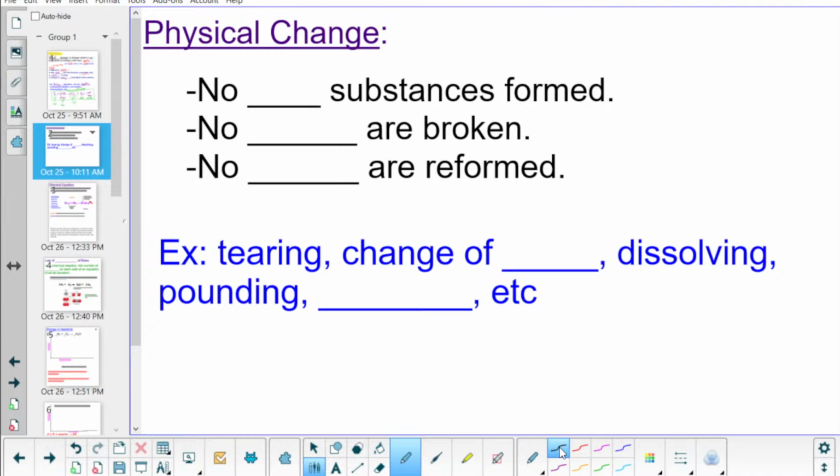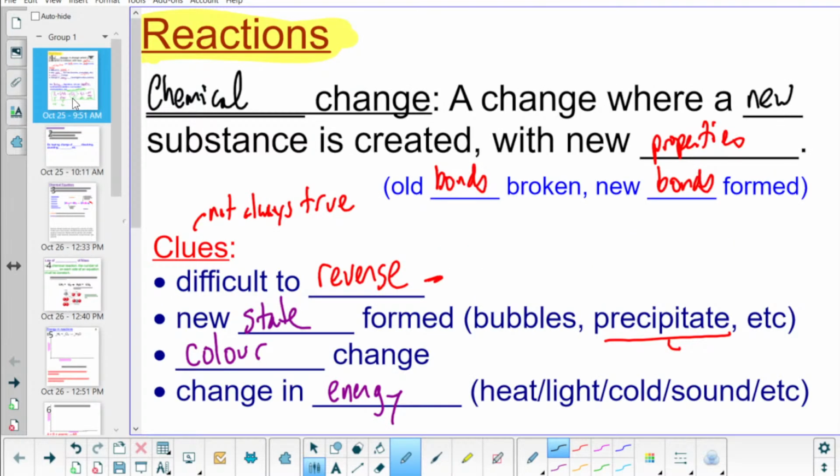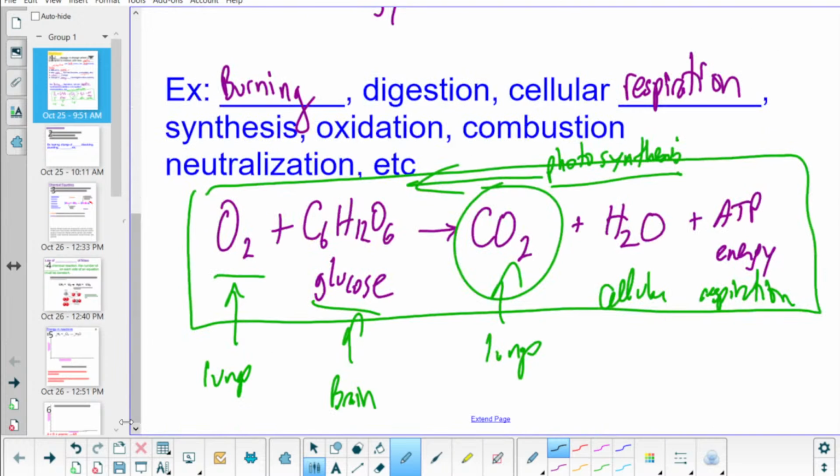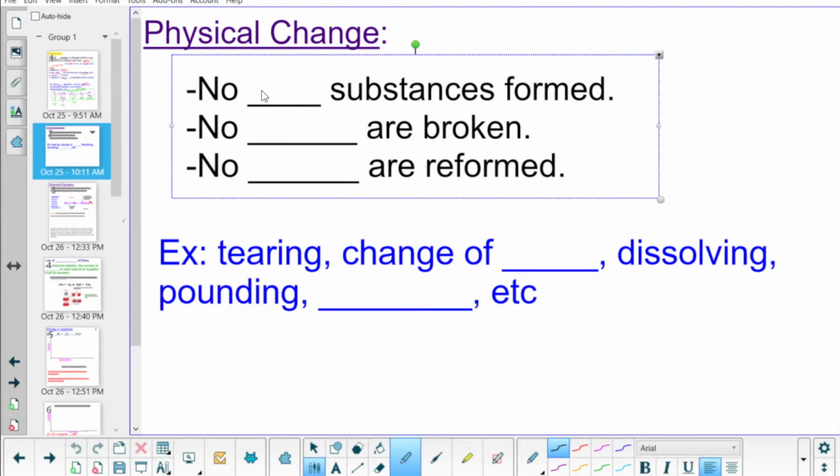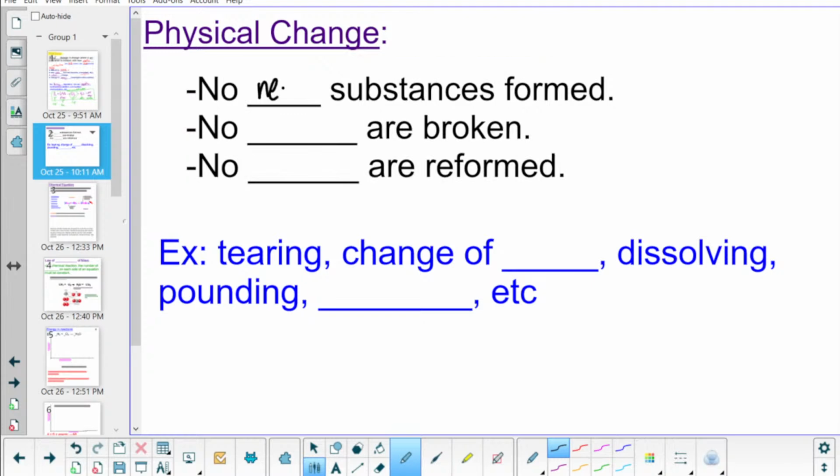Just add this to the bottom of the first page or in the back or a corner somewhere. Since we defined chemical change, I want to define physical change. Physical change is usually defined in opposition: no new substances, no bonds broken, no bonds reformed.